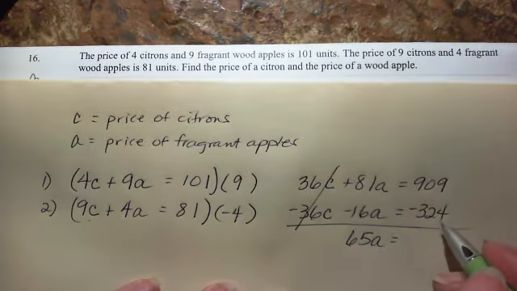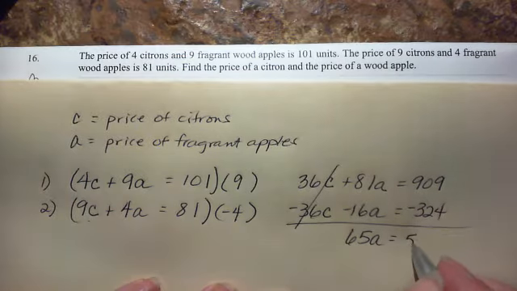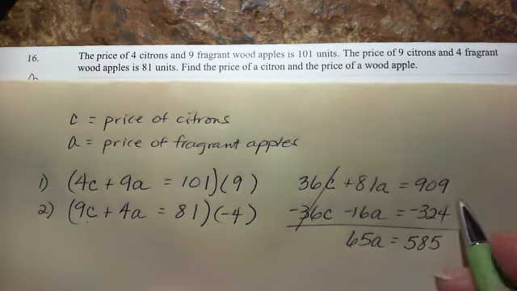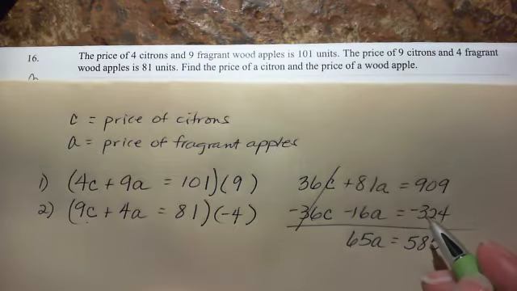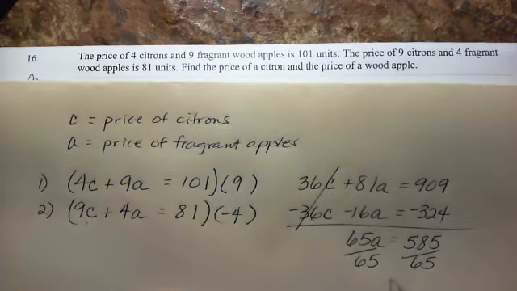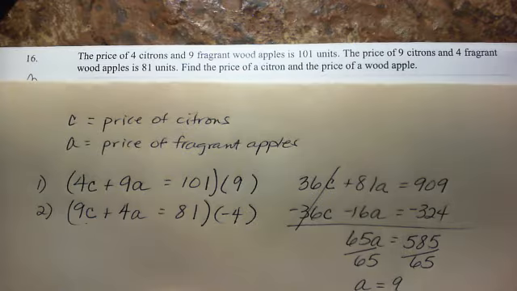And our constants total 585. Right, and now we're ready to divide both sides by 65. Gives us A is equal to 9.